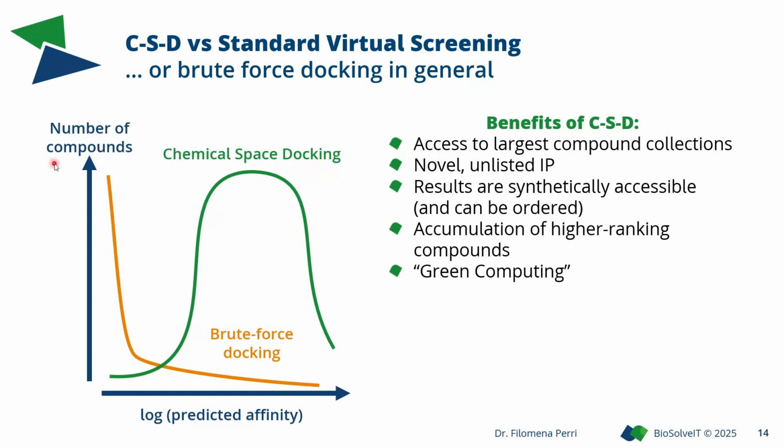You could dock them one by one, although only a few of them will give good docking scores. Chemical space docking, on the other hand, depicted here in green, gives you the possibility to have a larger pool of high-ranking molecules in a fraction of the time.